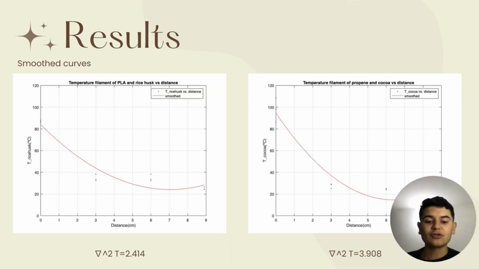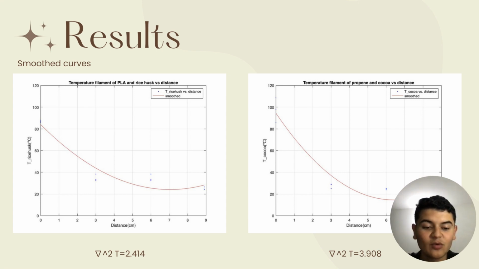Now for the results, we can see first the temperature of the filament versus the distance. These curves can show us the second derivative of the different data.